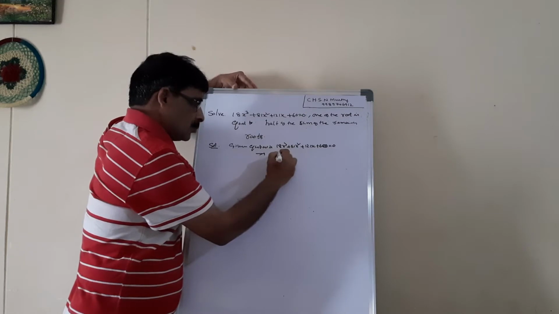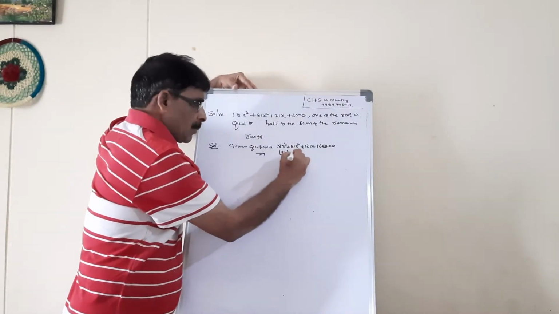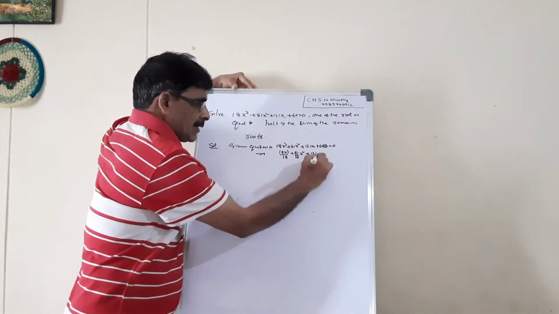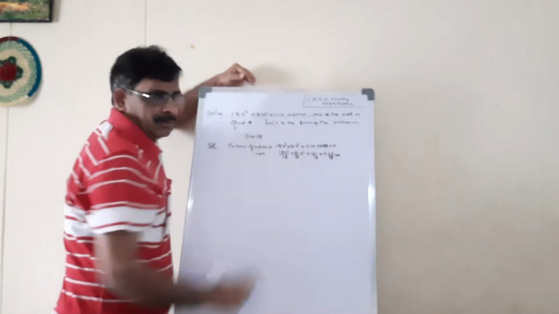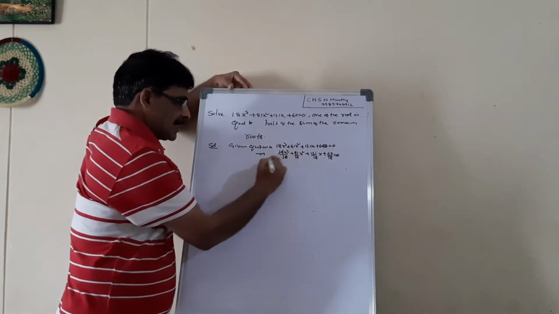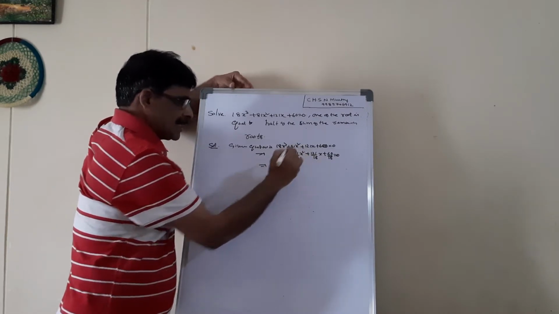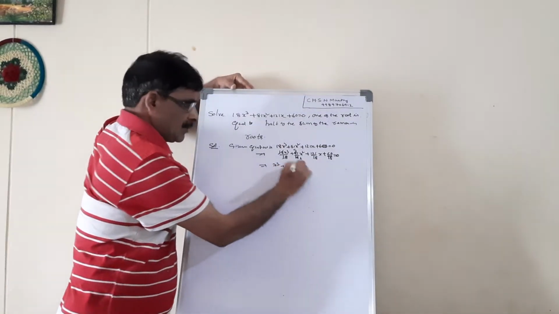So divide by 18: 18x cube by 18 plus 81 by 18 x square plus 121 by 18 x plus 60 by 18 equal to 0. 18 cancels here, this is x cube. 9 2s are 18, 9 9s are 81, it is equal to 9 by 2 x square.